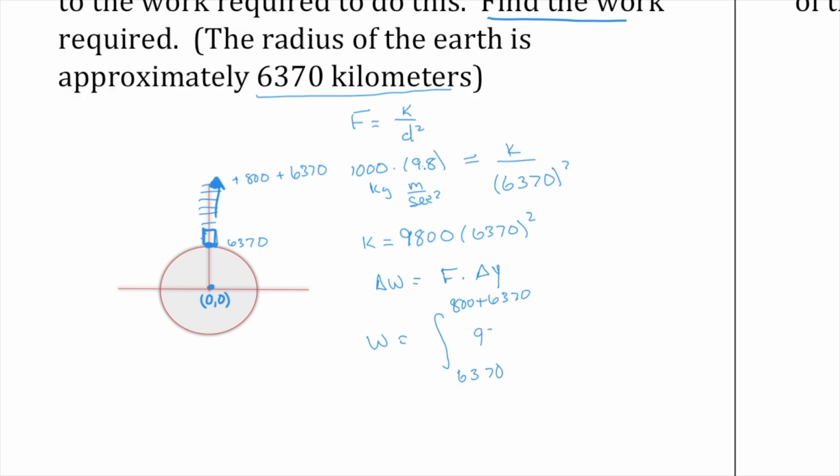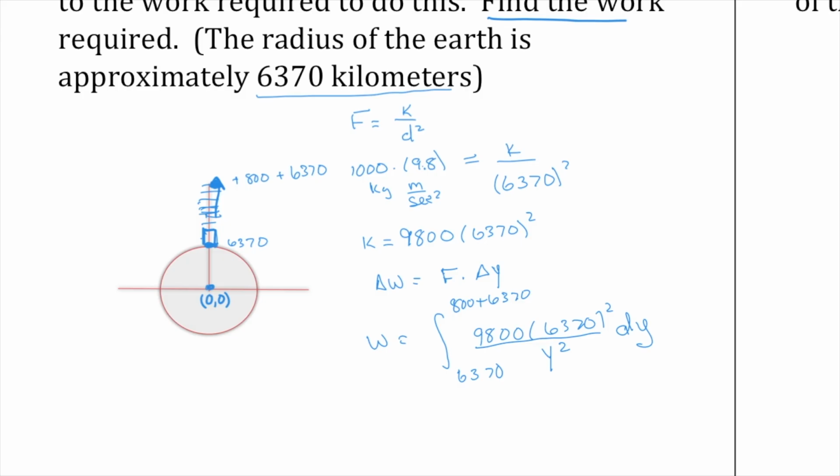Then we will multiply by 9800 times 6370 squared, divided by y squared for the distance from the center of the Earth to each one of these slices, and then we will have dy.